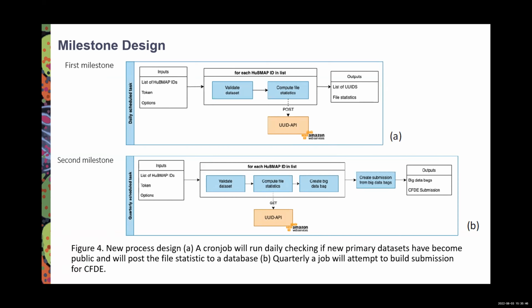Again, the second milestone is slightly different. When the time comes to do the metadata submission, the system would validate and compute the statistics of public primary data sets, and other than storing them in the database, it would create a BDBag and send it to CFDE.